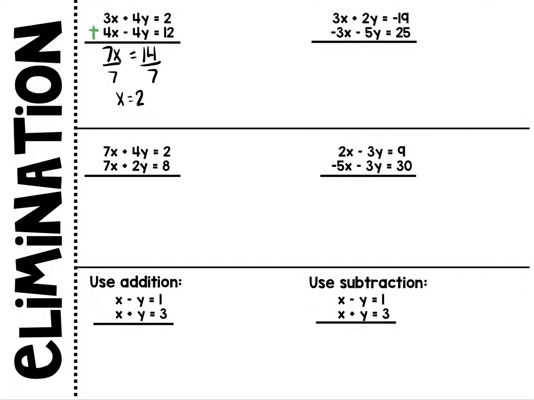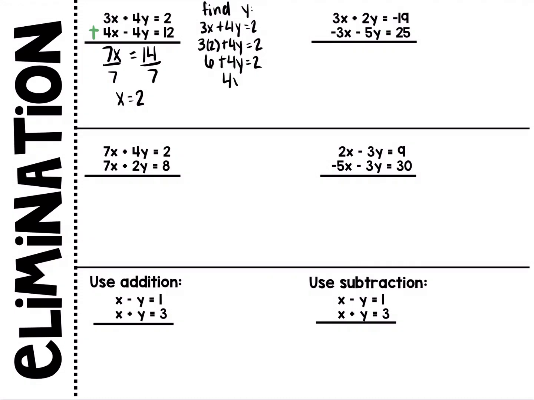Once we do that, we have to find y. That means we're going to pick one of the equations and substitute x equals 2. I'm going to do 3x plus 4y equals 2. So 3 times 2 plus 4y equals 2. That's 6 plus 4y equals 2.